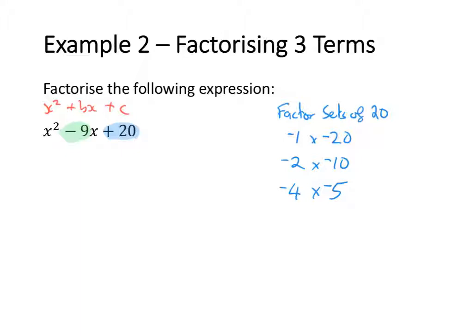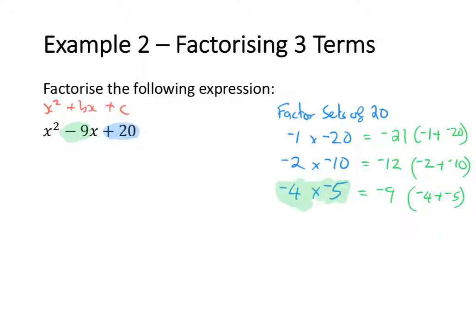Now I can go ahead with step 2 and look for numbers that add up to negative 9. Negative 1 plus negative 20 is negative 21. Negative 2 plus negative 10 is negative 12. Negative 4 plus negative 5 is negative 9. So I've identified which factor set adds up to give me negative 9, and this is the factor set I'm going to use when writing my factorised form.